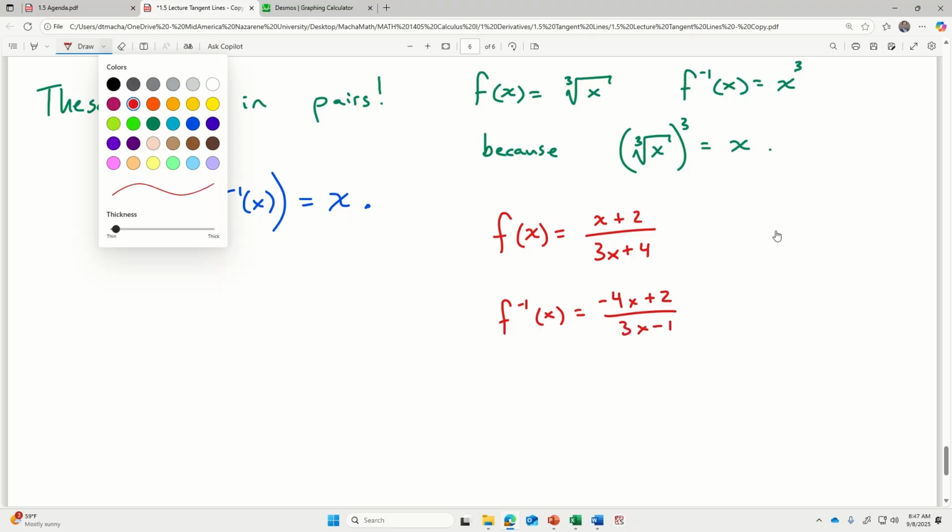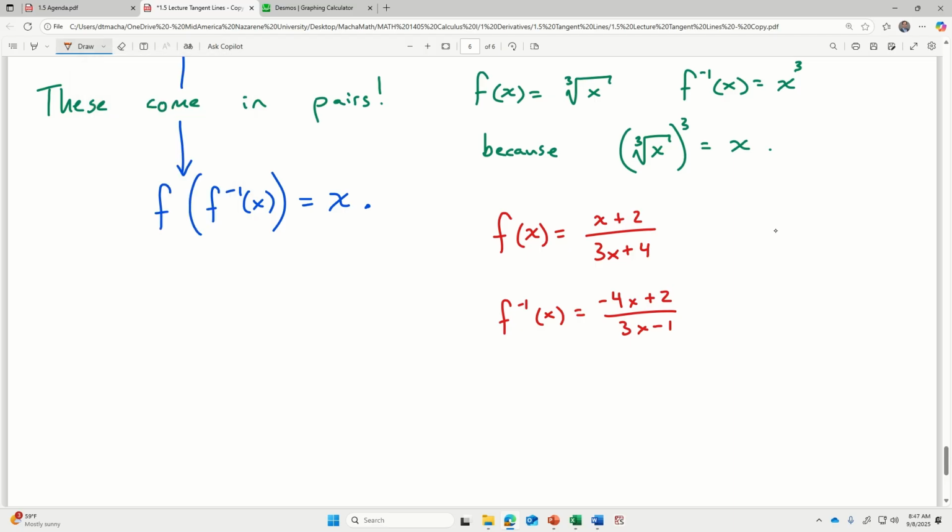Let's check to see if I'm right, because all I have to do is compose it. And composing this means I take my original function and plug in the inverse function here. So where the x is, I'm going to put f inverse of x. Where the x exists in my original function, I'm going to plug in the inverse function.